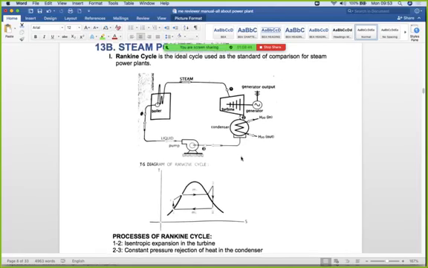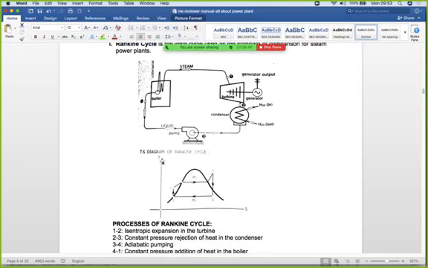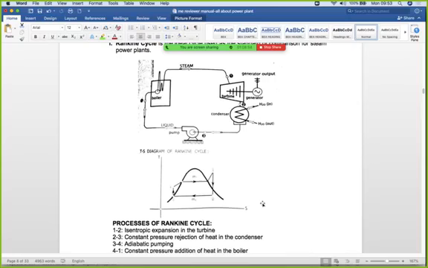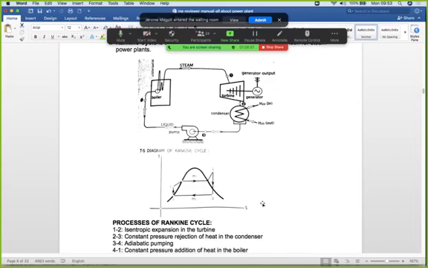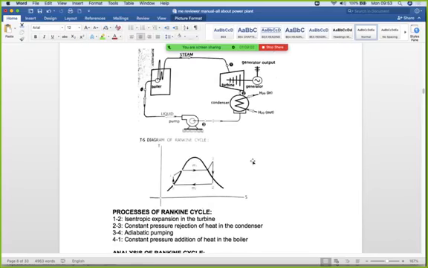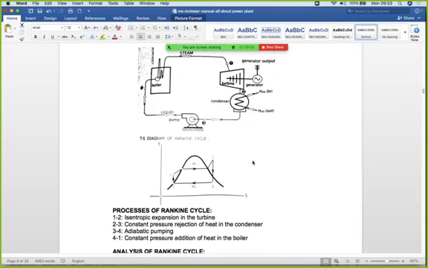So we have the TS diagram, temperature and entropy. At the boiler part, it's not so clear to me, but we have here the process: 1, 2, 3, 4.